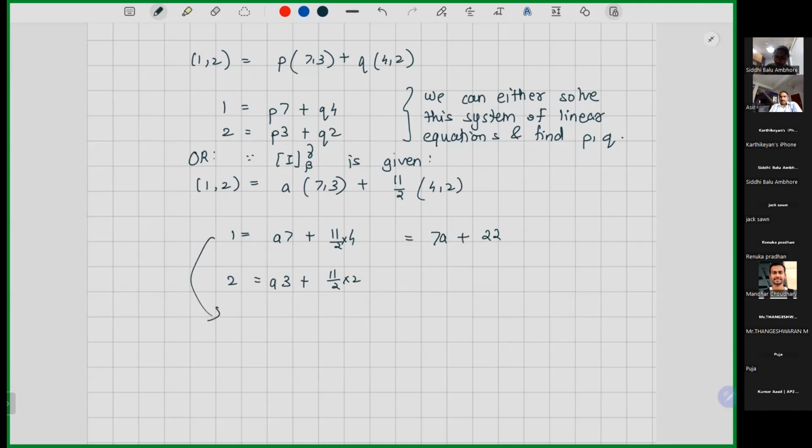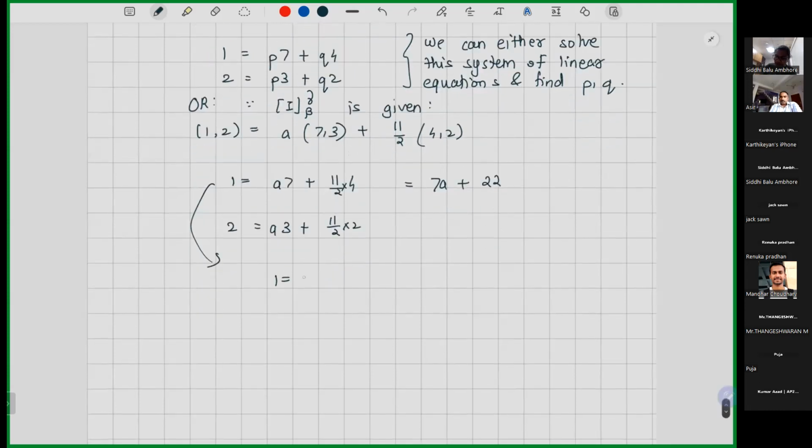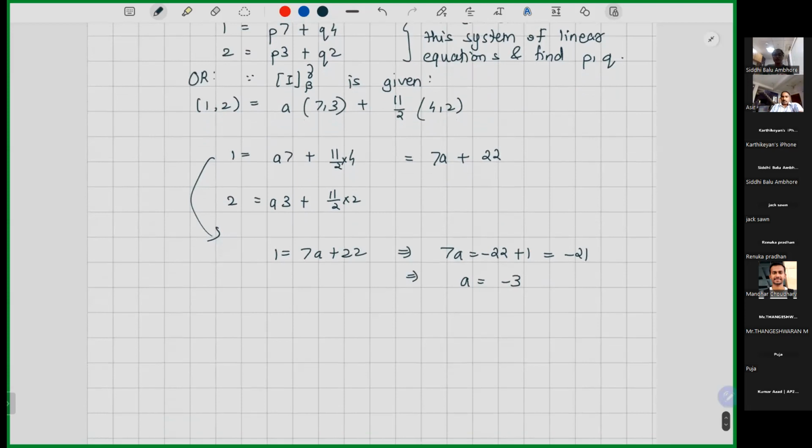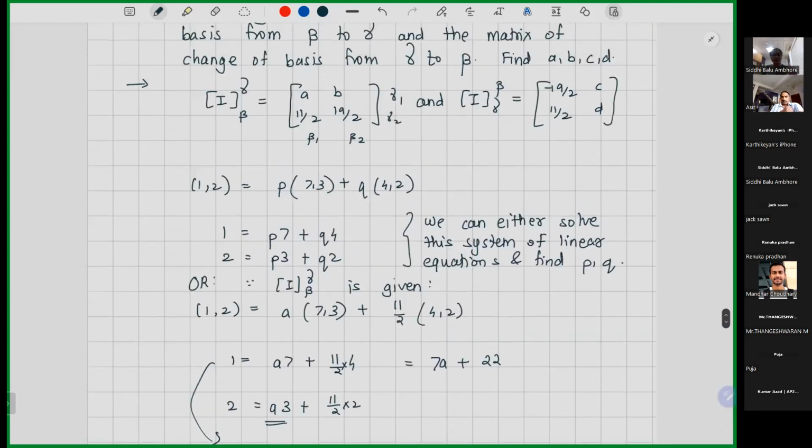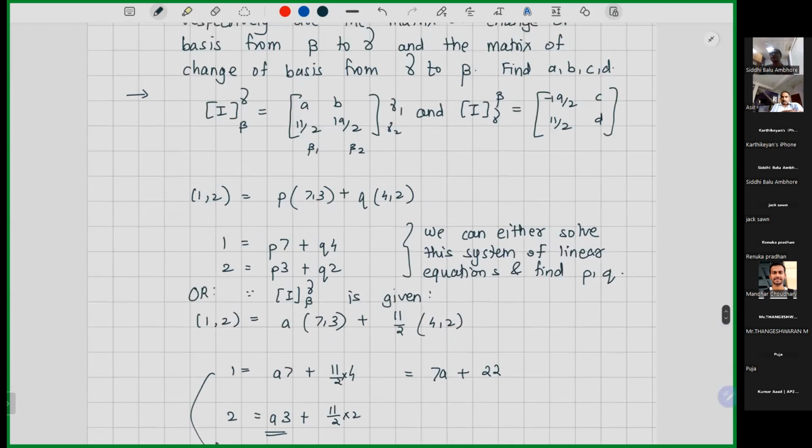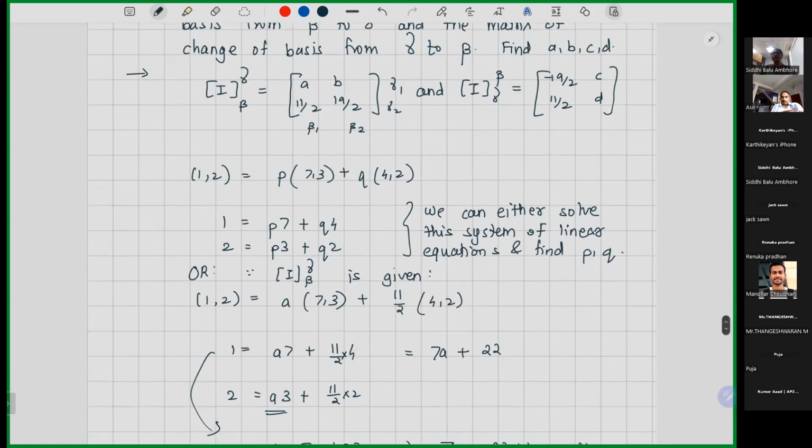And from the first equation itself, I will get 1 is equal to 7A plus 22. And this will give me 7A is equal to 1 minus 22, which is minus 21. And then A is equal to minus 3. And this minus 3 will also solve the second equation, because we are already given that this I beta gamma is a basis change matrix. Is it clear?